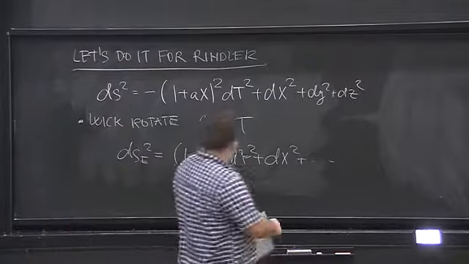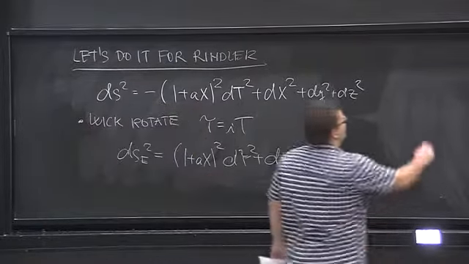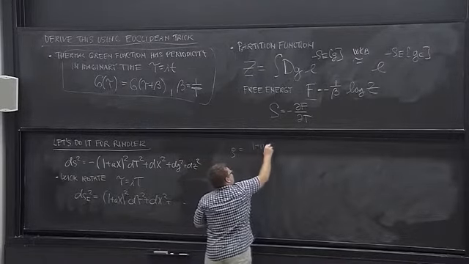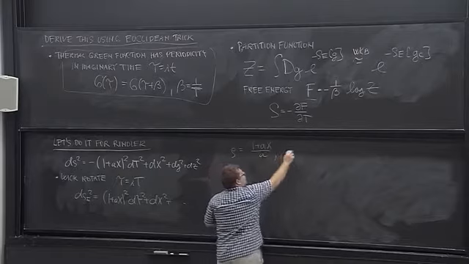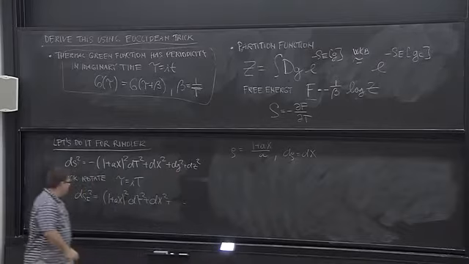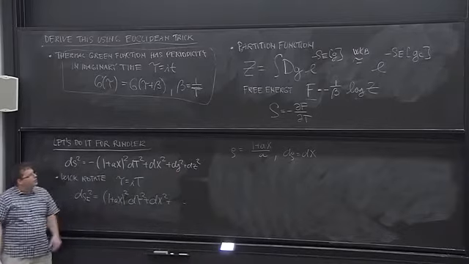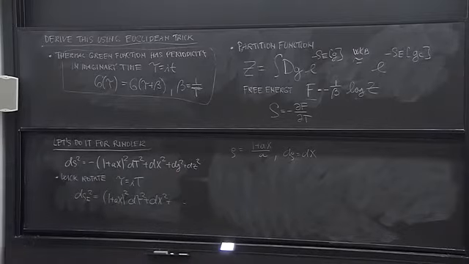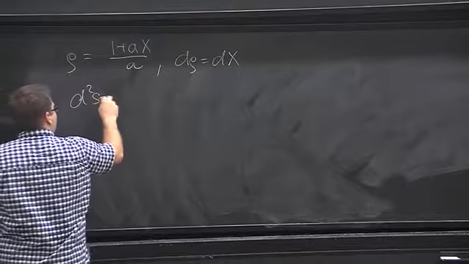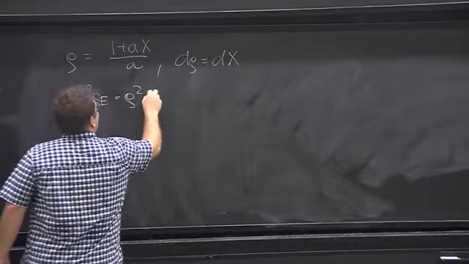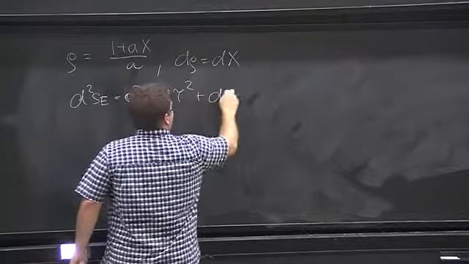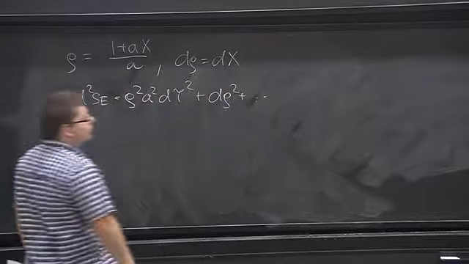So the next step is to simplify this a little bit. Let's introduce a new coordinate rho, which will be (1 plus a x) over a, so that d rho is dx. That simplifies my metric a little bit. This is just rho squared a squared, so ds squared is rho squared a squared d tau squared plus d rho squared plus the other two.